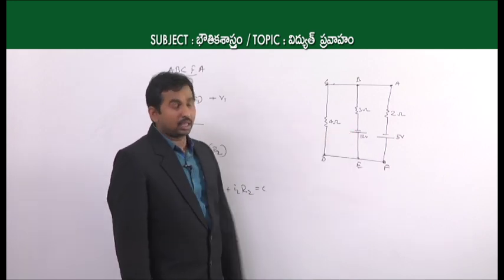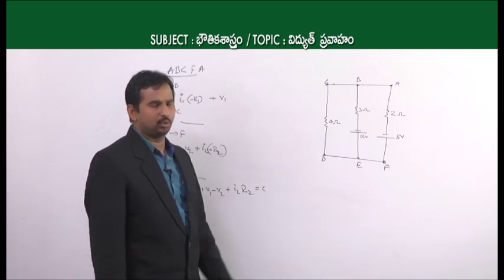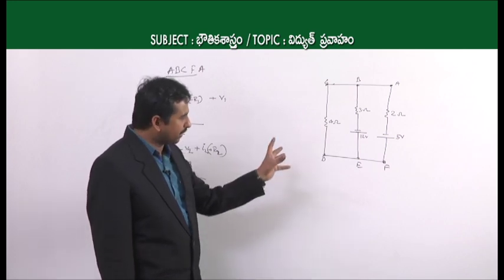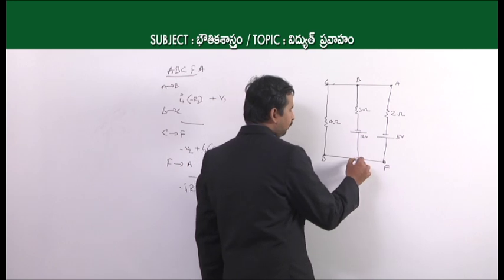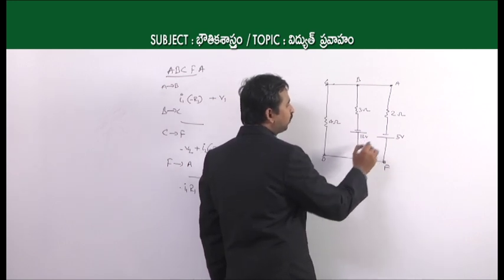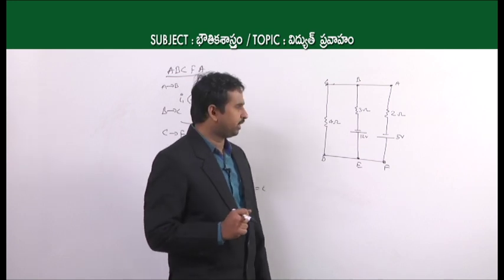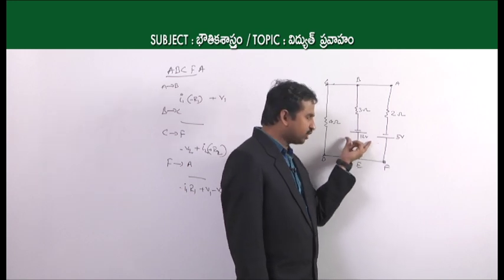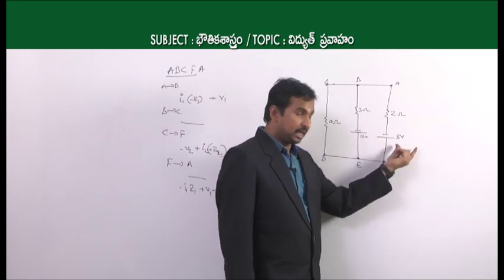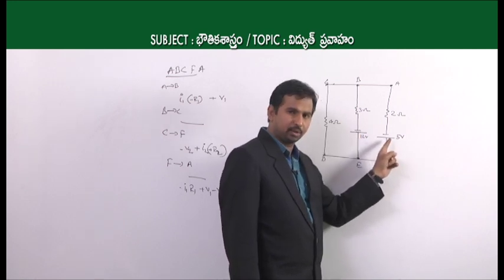The direction of current always decides this law, because we have different junction points here. For example, the 12 volts battery and the 5 volts battery are side by side. Here you have to be a bit careful: 12 volts is the high potential and 5 volts is the low potential when connected to the positive here.